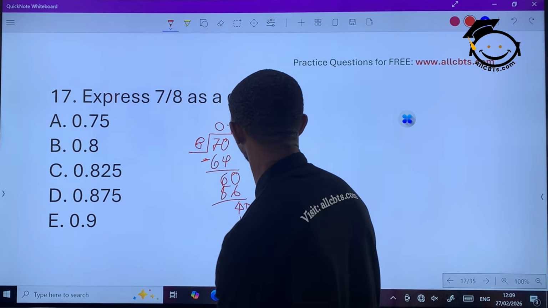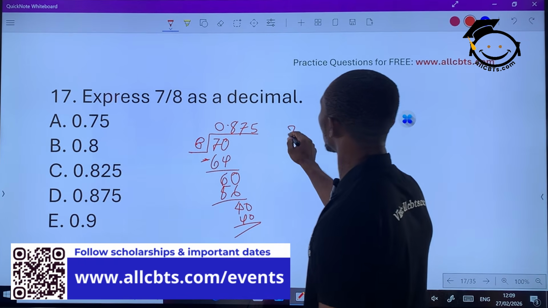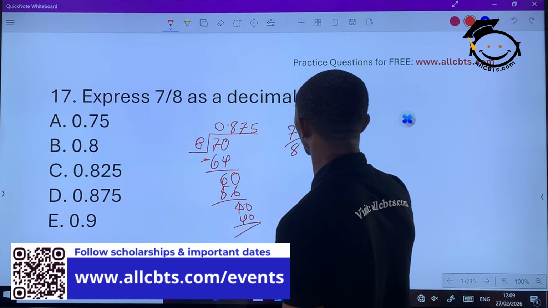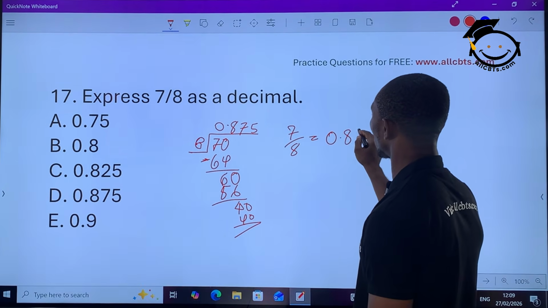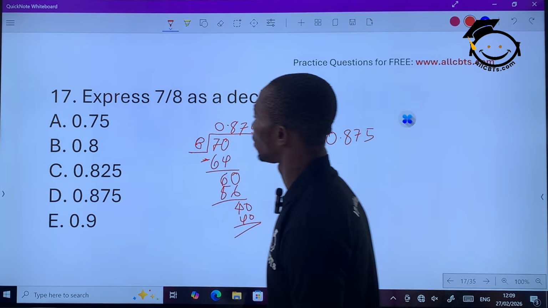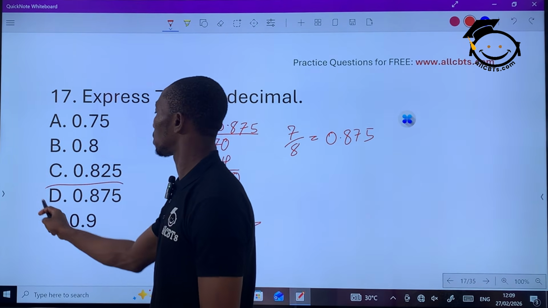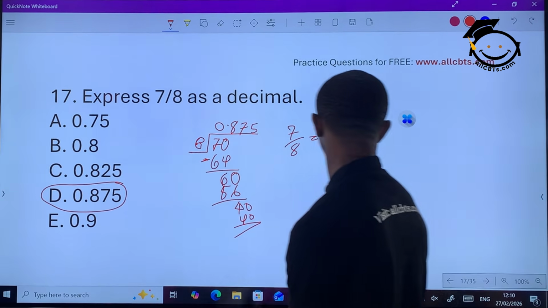So this cancels out to 0. So our 7 over 8 in decimal will be 0.875.